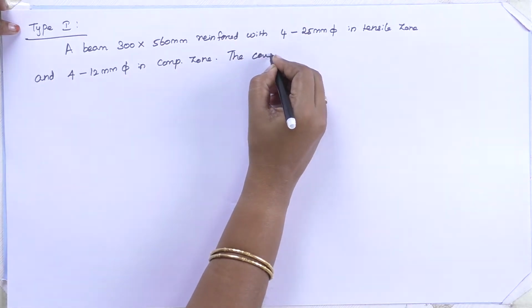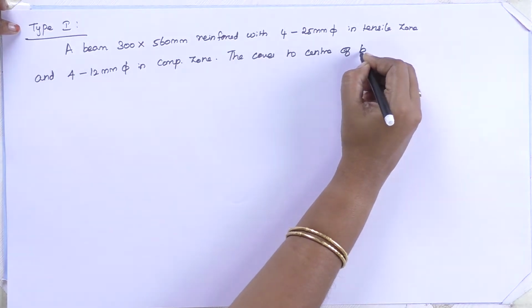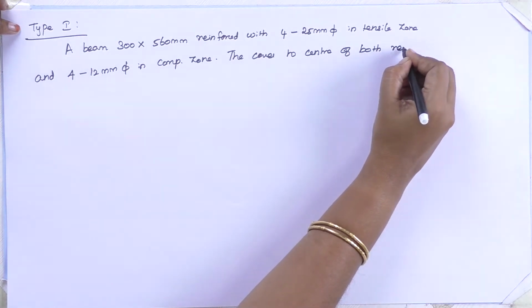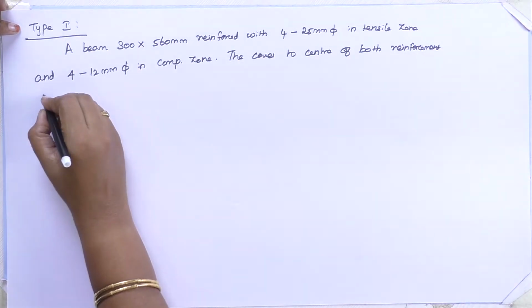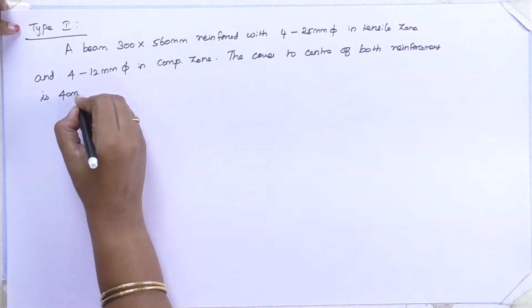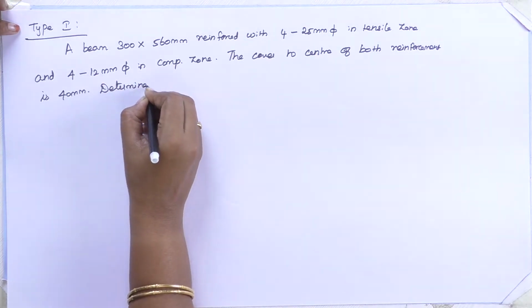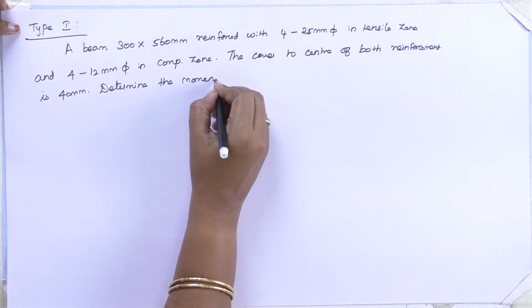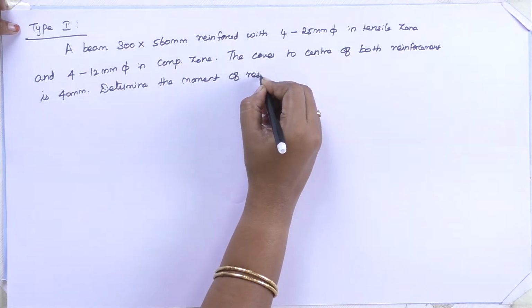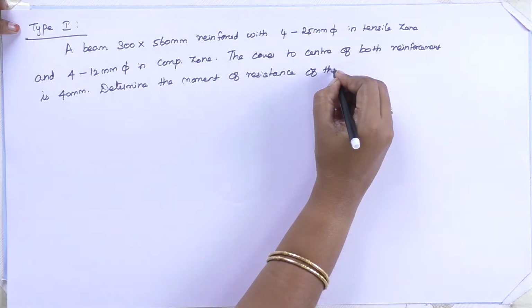The cover to center of both reinforcement is 40 mm. Determine the moment of resistance of the section.